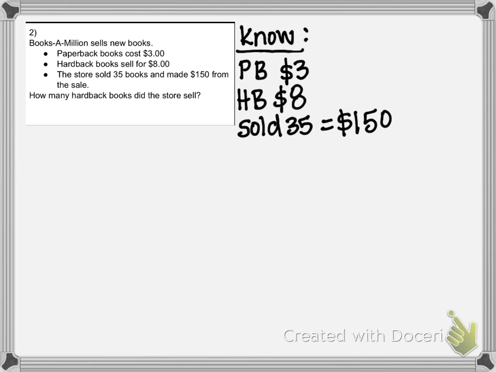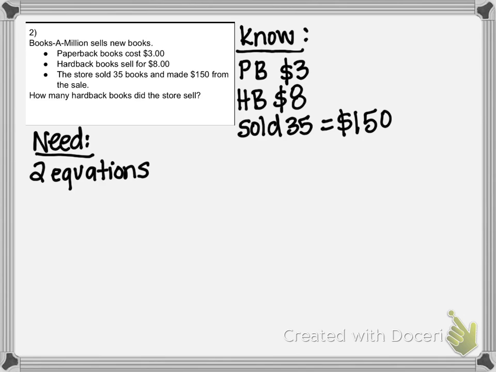Now, we need, in this problem, we need to find our 2 equations. So once we have our 2 equations, then we're going to have to find how many hardback books the store sold.